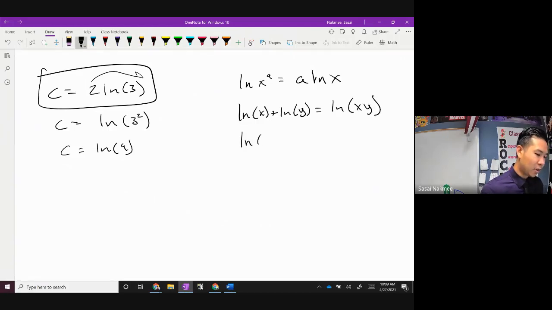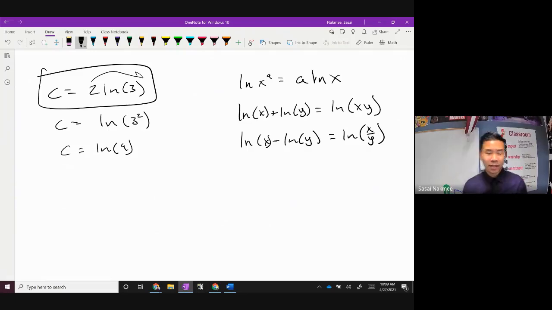And then, of course, the natural log of x minus the natural log of y is equal to the natural log of x divided by y. Random properties that you need to know from pre-calc. I don't think it's that big of a deal, but there is a possibility that you might need to use something like that. Not on this test, not on my test, but on the AP exam, there's a possibility.